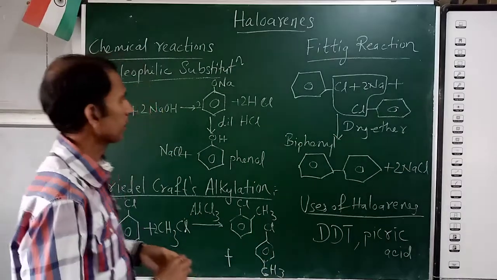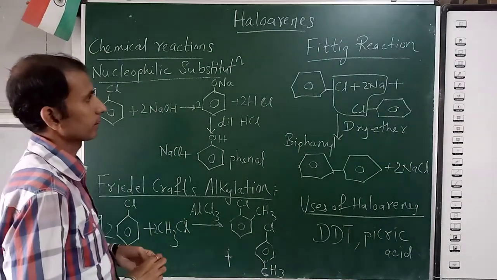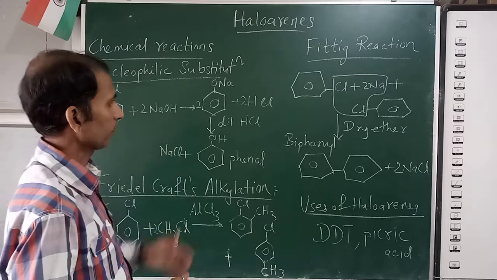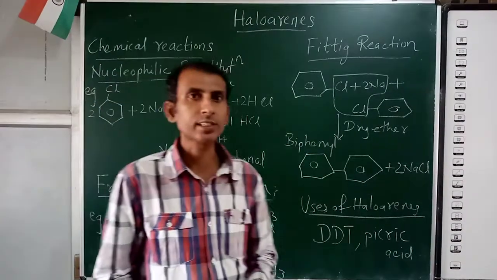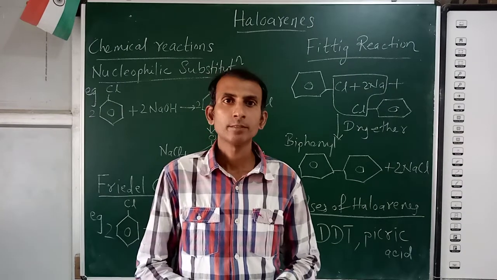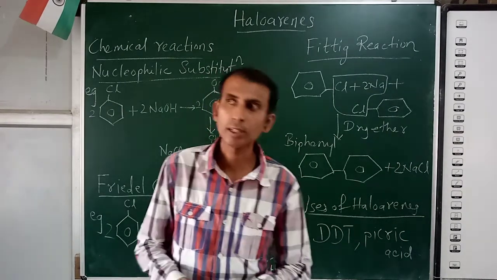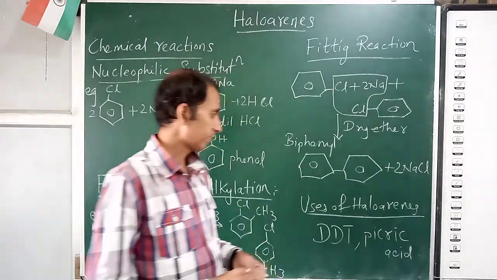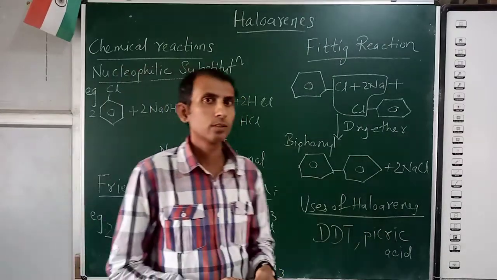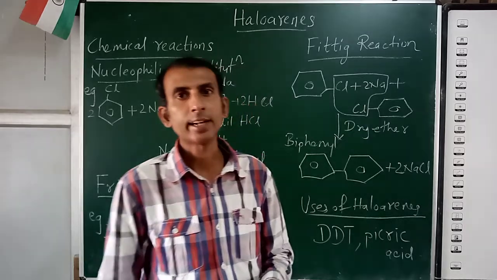So these were the 3 chemical reactions for haloarenes, very important. In uses, I have given only one sentence. Haloarenes are mostly used to prepare DDT and picric acid.